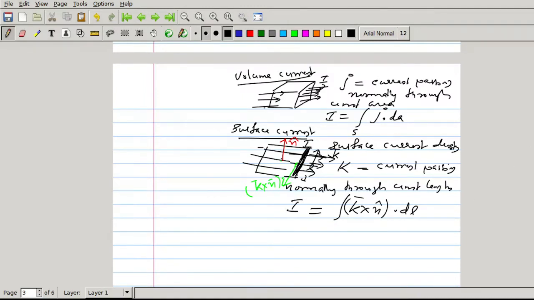If I take a small element here, let K be the current density at that point. At this element also K is the current density.